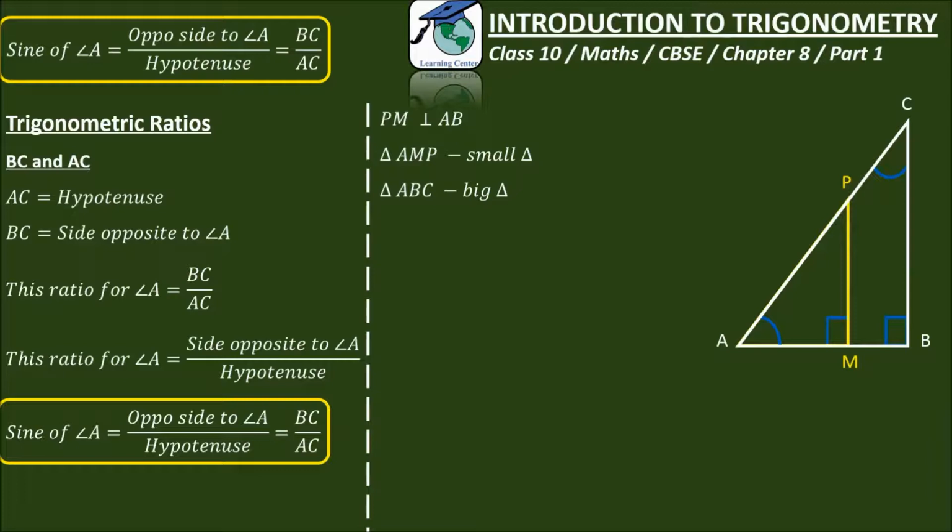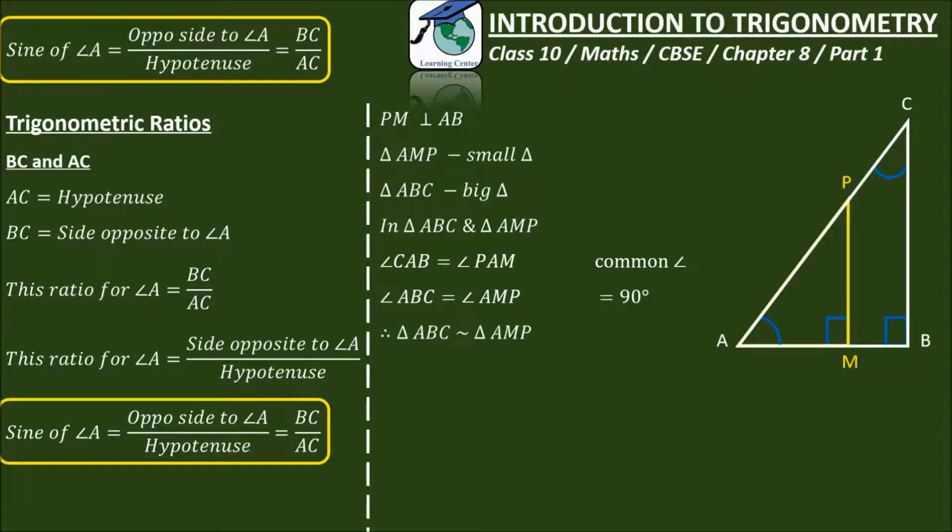In triangle ABC and triangle AMP, can I say that angle CAB is equal to angle PAM? Why? Because it is common angle. Also, angle ABC is equal to angle AMP because both are perpendicular, that is 90 degree. Therefore, triangle ABC is similar to triangle AMP. Why?